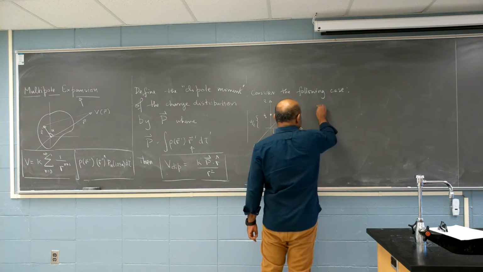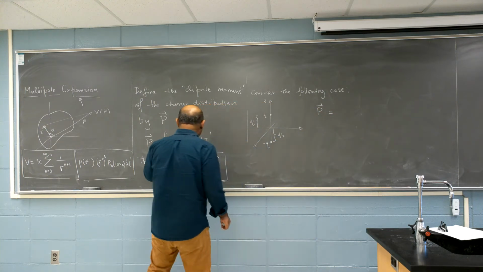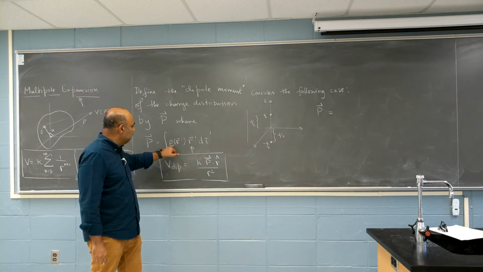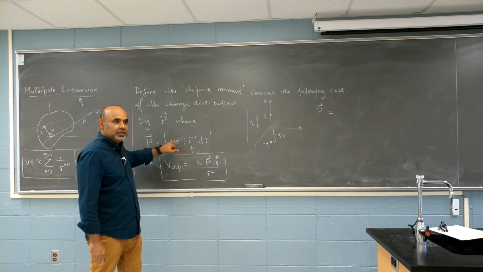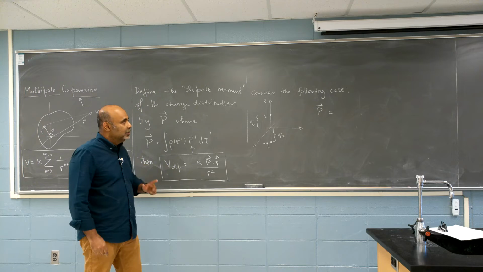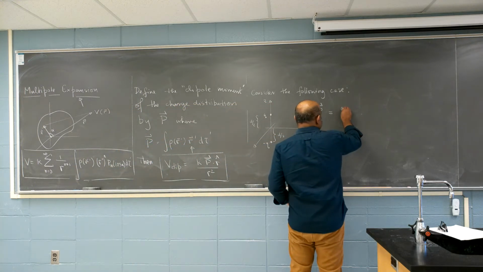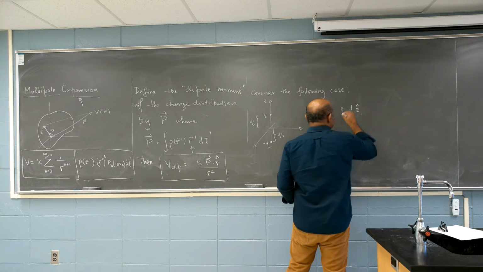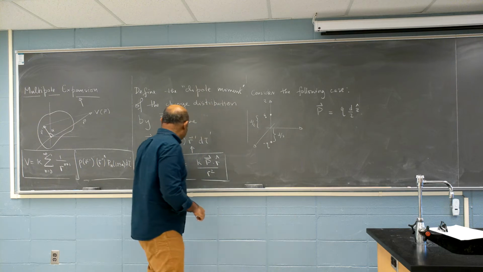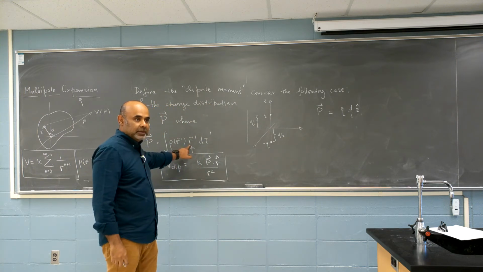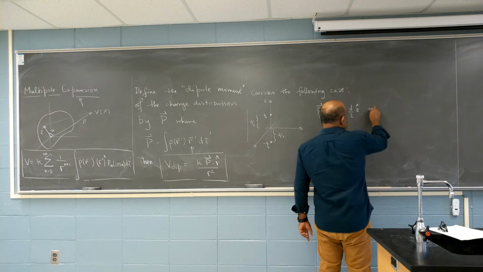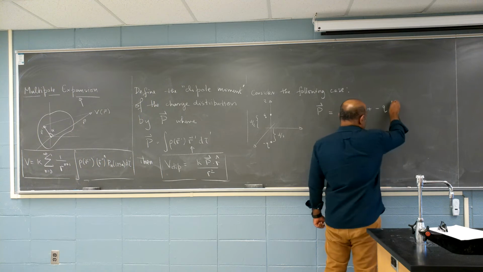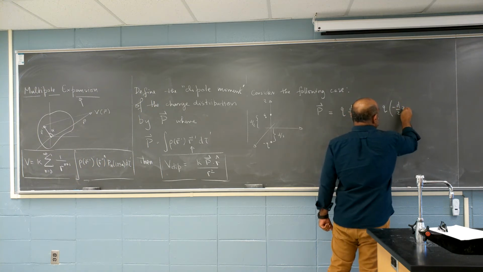In this case, there's no integration to be done. There are two charges, right? So I can just do it as the sum of Q plus r plus and Q minus r minus. So it's going to be Q times d over 2 z hat. See? Charge times the vector distance. And then the same thing for the next one, minus Q, located at minus d over 2 z hat.